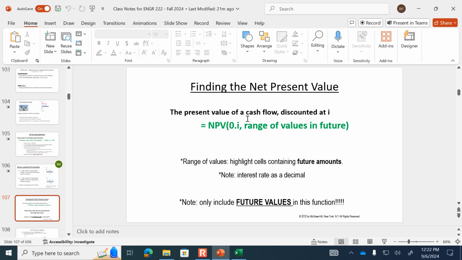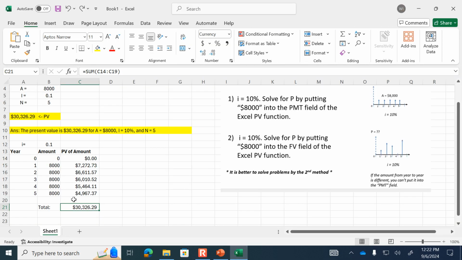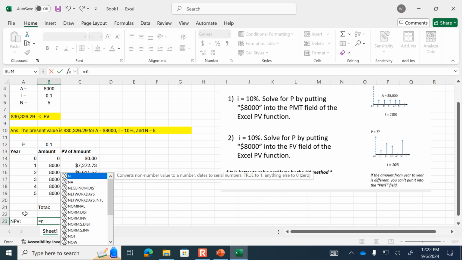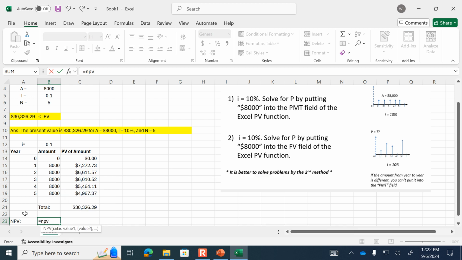So let me show you how we could use the NPV function. If we have $8,000 every year and we want to find out the present value of it, here let me do the result of the NPV function. Equals NPV. Okay, the first thing it wants to know is the rate.